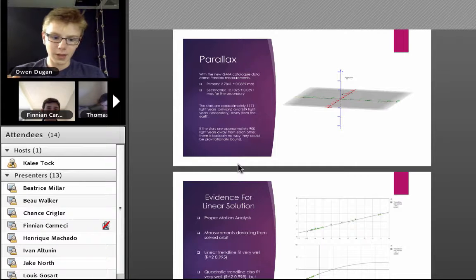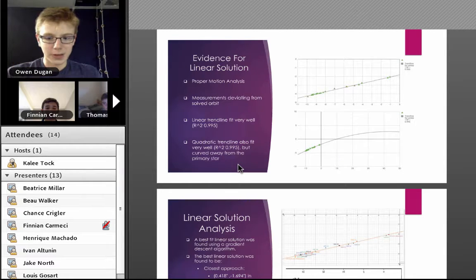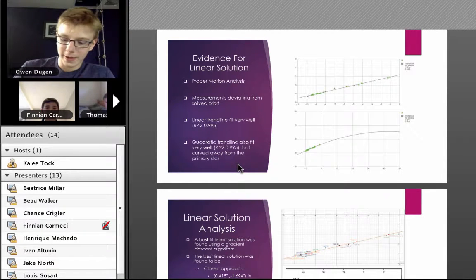That means the stars are approximately 900 light years from each other, and they can't really be orbiting if that happens. In fact, the primary star would have to be several times larger than the black hole at the center of our galaxy in order for that to be the case, which is very unlikely. So it's pretty unlikely that these two stars are orbiting based on the parallax data.